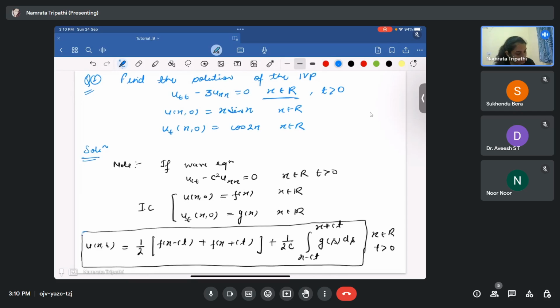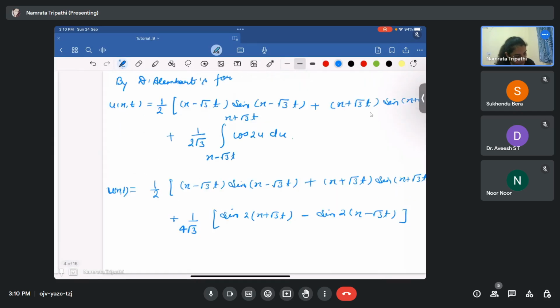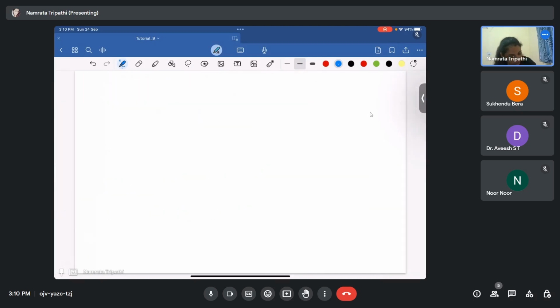Okay, let's move to the next question. Question number 2 is to find the solution of the initial boundary value problem.